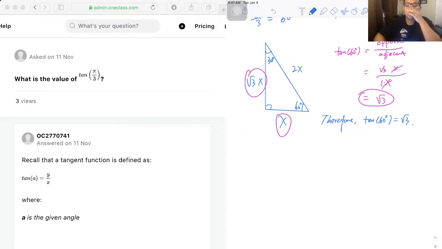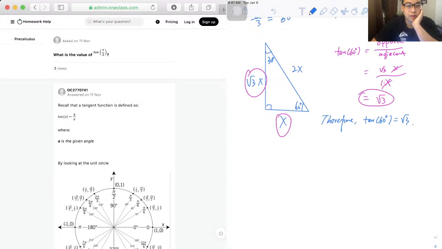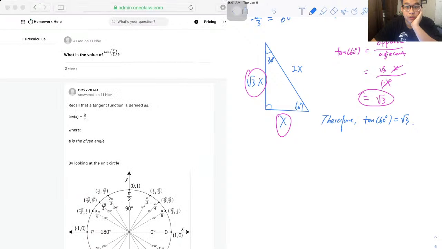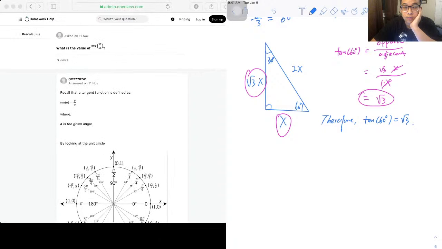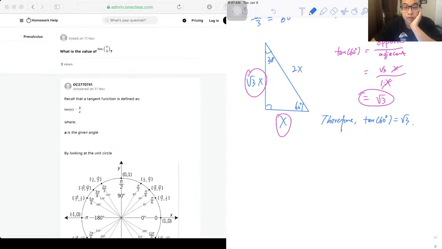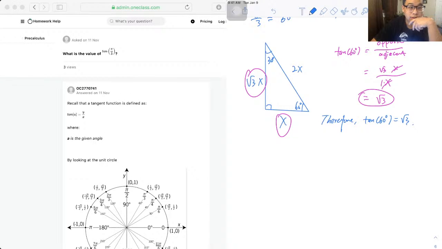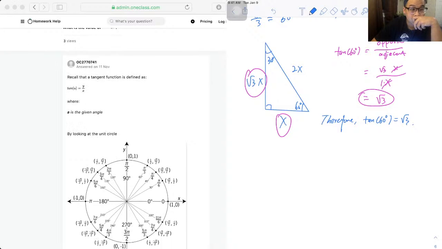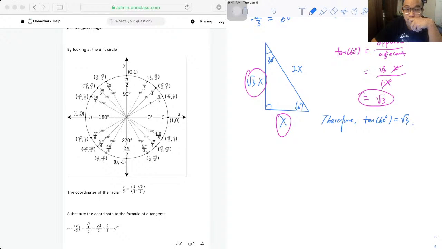All right. And also, if we look at our junior tutor's answer, he's solving this by the unit circle, right? So the unit circle should look something like this, and we just need to find the coordinate of the radian, which is pi over 3, and the coordinate is 1 over 2 as the x value and root 3 over 2 as the y value.